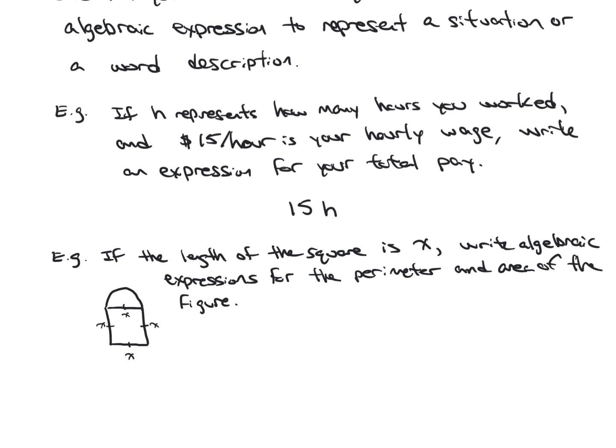Okay, so for this one, the perimeter, you do need to have some background knowledge of geometry, actually. But perimeter represents the total length of the outside of the shape. So I'm just going to use a highlighter to go over that. The perimeter would be one side, two sides, three sides of the square and then the semicircle.